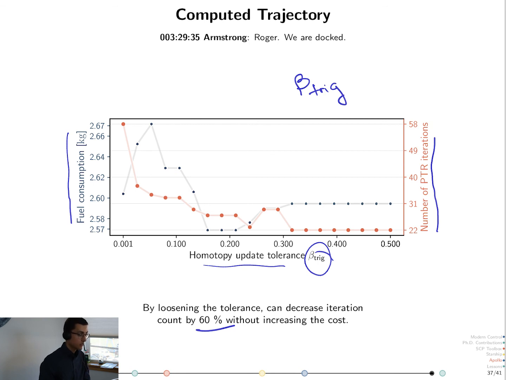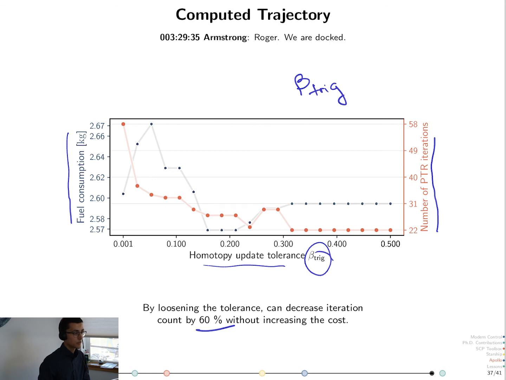Our tests for the rendezvous in this example have shown that across initial conditions, increasing the beta trig value generally decreases the number of iterations dramatically, in this case by over 60%, while the fuel consumption penalty is not perceptible. Like here, it's really absent. There's no trend here. So that's a remarkable thing.